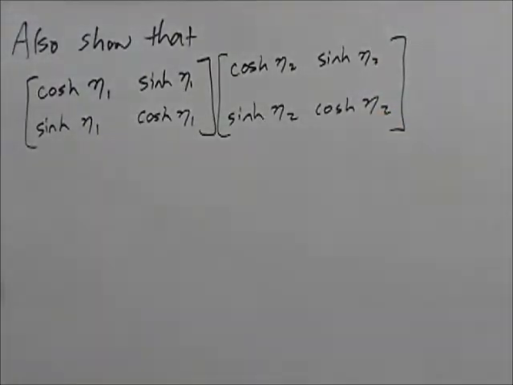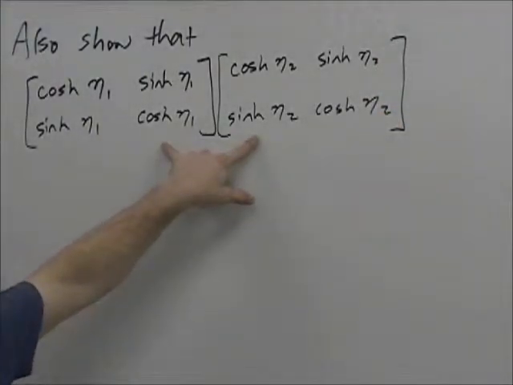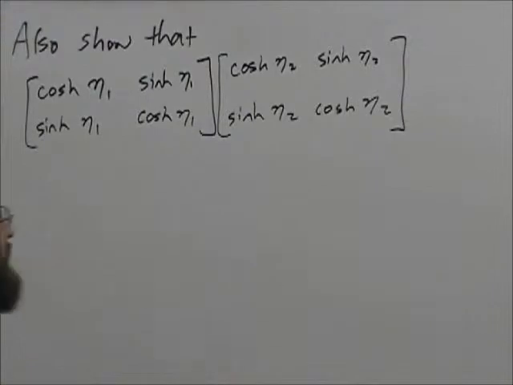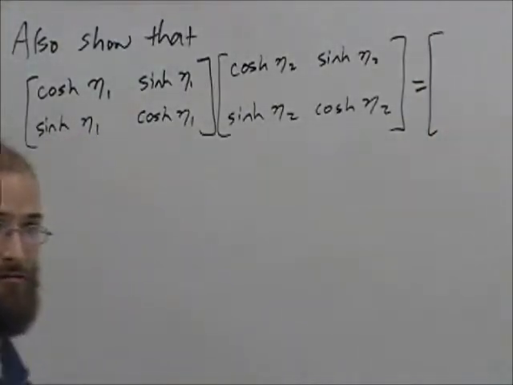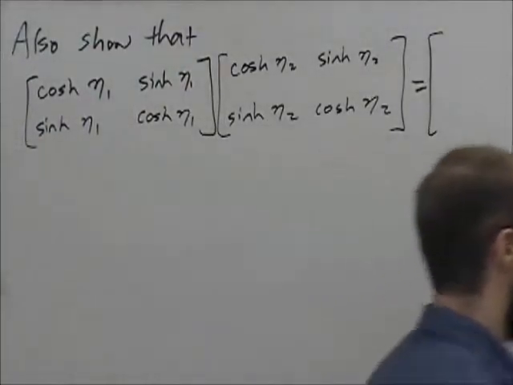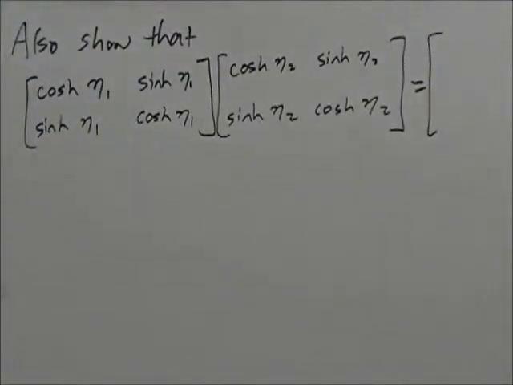So basically, if I take the product of two guys that I know already are in SO(1,1), well, it's a group, so it better be back in SO(1,1), but what does it look like?